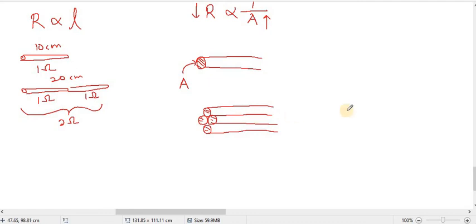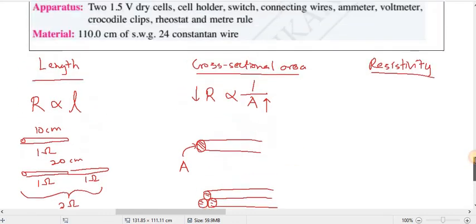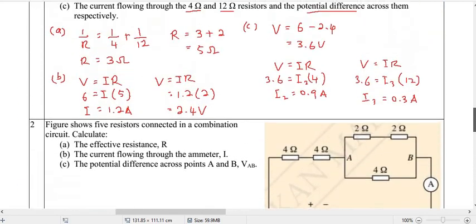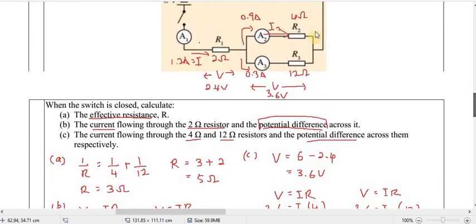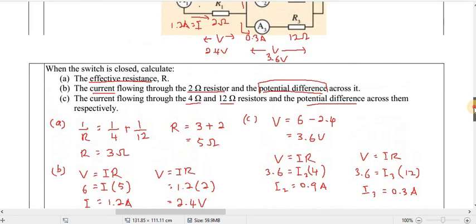From what we learned just now, this is 4 ohm and this is 12 ohm in parallel. So what is the total resistance? 4 ohm and 12 ohm gives 3 ohm only. That means when you have 2 wires connected in parallel, the combined cross-sectional area becomes bigger, so the resistance becomes smaller.